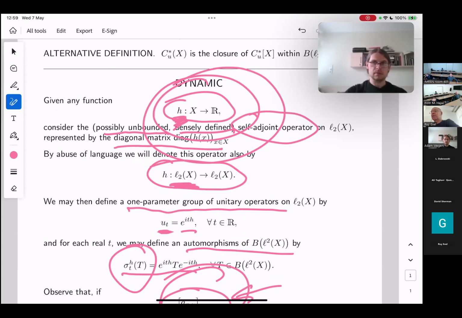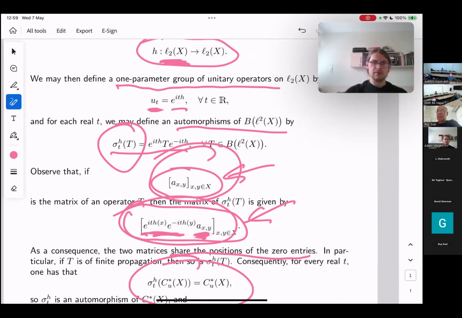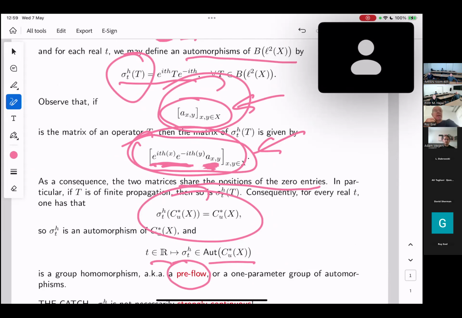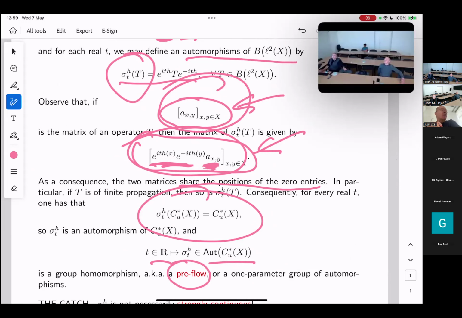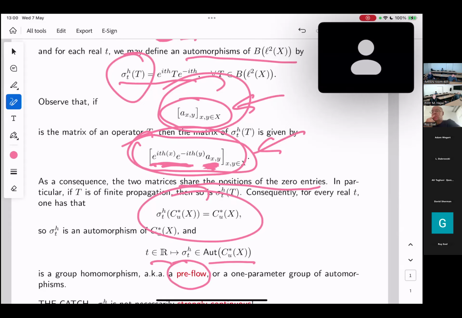Can I ask a question? Sure. If I remember, in the usual case of operators on a Hilbert space, if you have a self-adjoint operator, then its exponential generates a strongly continuous group of unitaries. So what is the problem here? No, if h is bounded, then the exponential group is continuous.